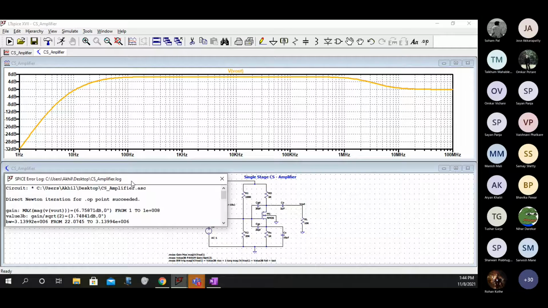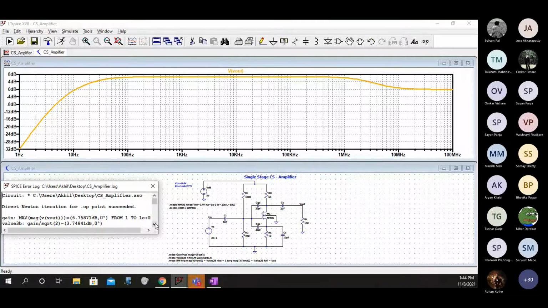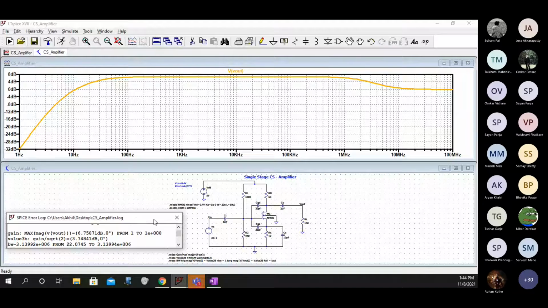I should see the circuit as well as the values. Yes. Good, Rohan, very good.